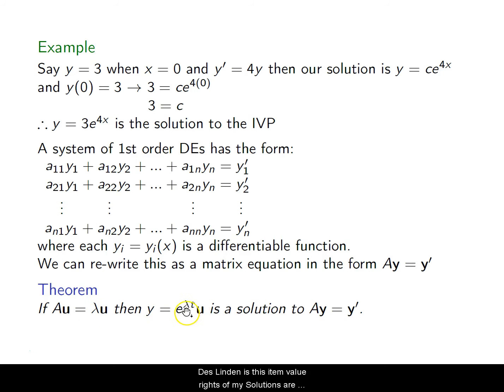So my solutions are made up of eigenvalues in the place of where the a's used to be. And since I'm going to have a bunch of those, I'm multiplying them times their eigenvectors. I'm not solving this system the way we did with regular matrix algebra, where I take the inverse of A and apply it to both sides, because this is not a straightforward algebra equation. This is a DE, right? So now I have to use these eigenvalues and eigenvectors.